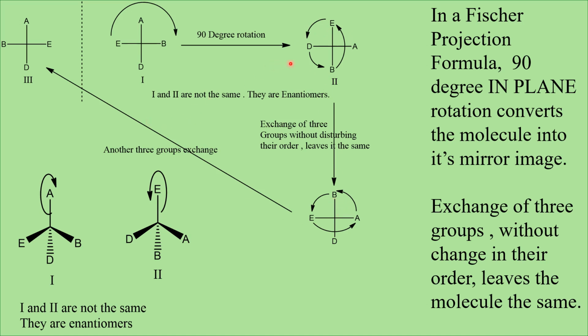That means these two molecules are the same because the three-group interchanges are keeping the molecule the same. So 2 and 3 are the same. Now 3 and 1 are the mirror images. Therefore, these two are enantiomers. So if these two are enantiomers, 1 and 2 are also enantiomers because 2 and 3 are the same.